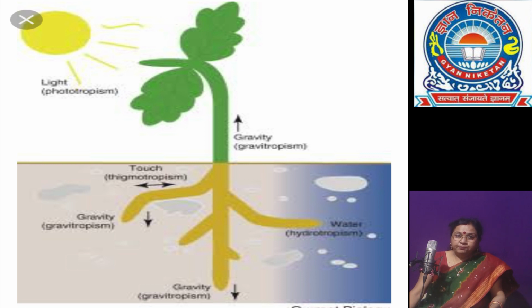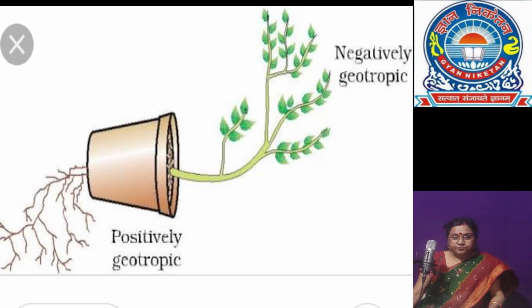If the plant parts move in the direction of light, they show positive phototropism, and if they move away from the light, like the root system of the plant, it is called negative phototropism. Next is geotropism.